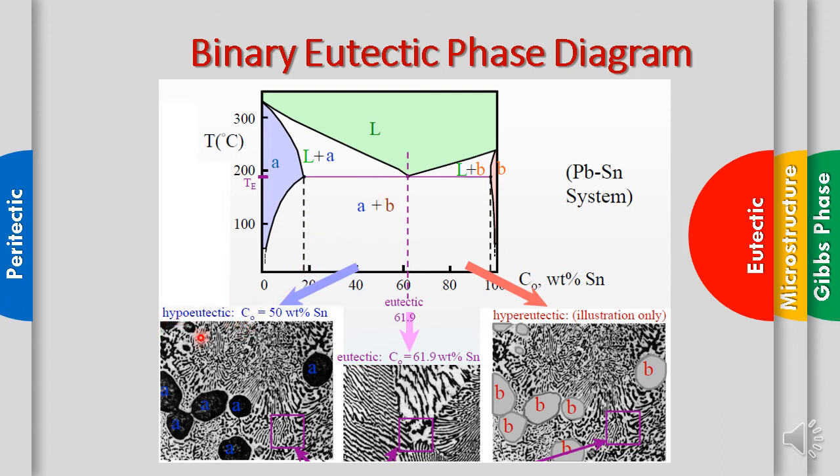In this region, we can see primary alpha, and the lamella is also produced. In the case of higher composition of Sn, we can see the existence of primary tin produced here, and the same lamella is produced. Here we call it the hypereutectic.